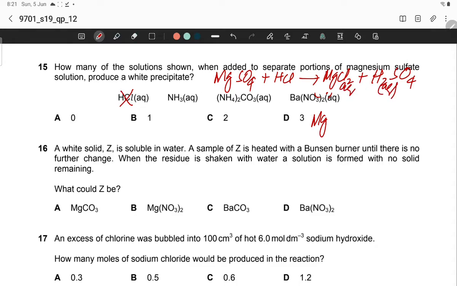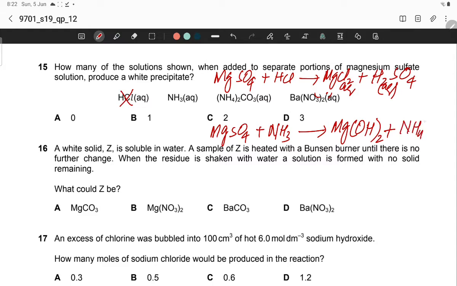So HCl will not form precipitates. So let's check other. Magnesium sulfate plus ammonia forms magnesium hydroxide plus ammonium sulfate. This is aqueous and this is solid precipitate. So ammonia forms precipitate with magnesium sulfate.